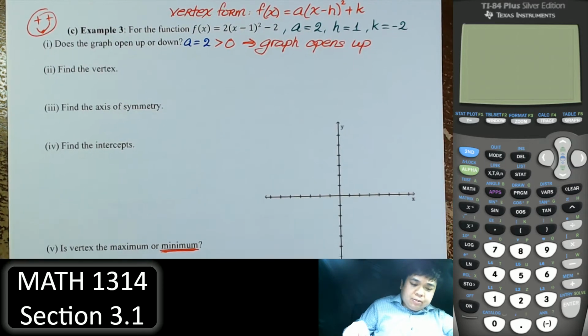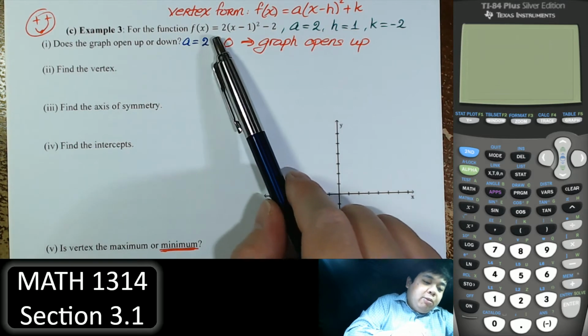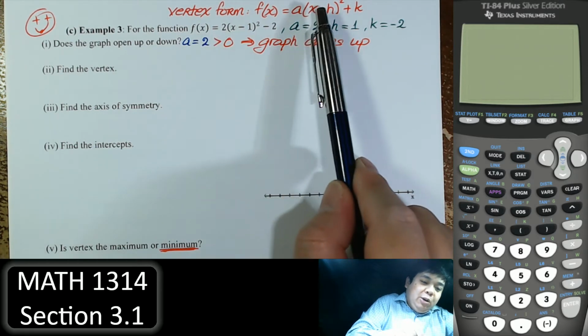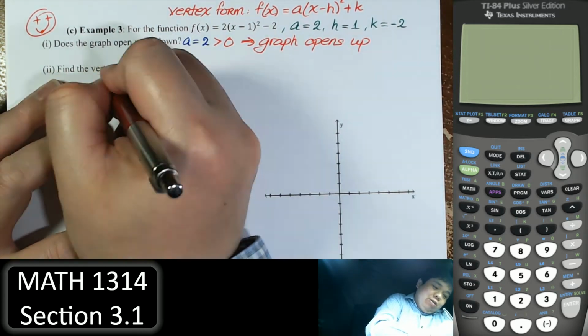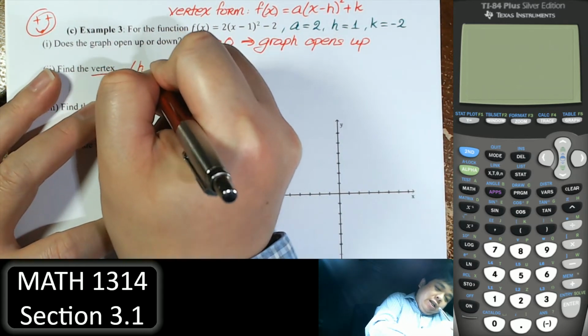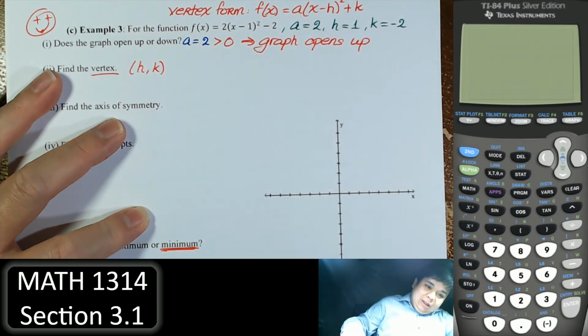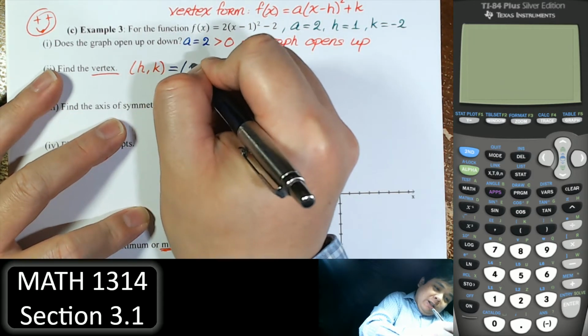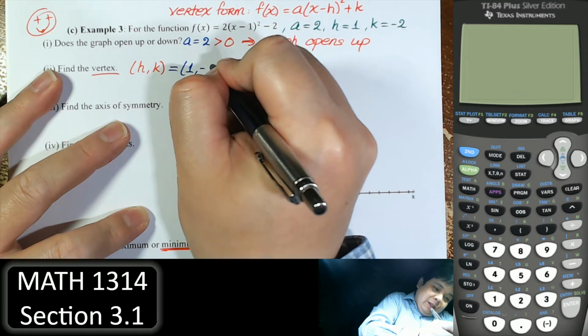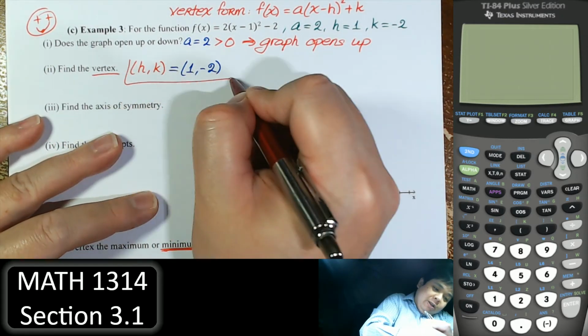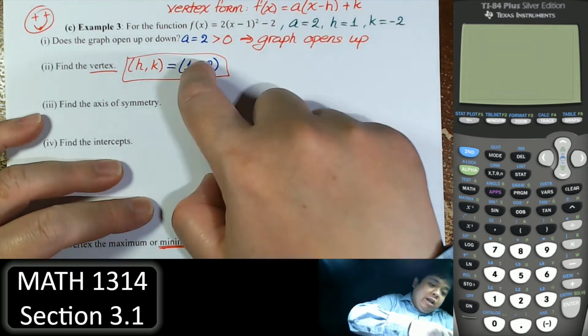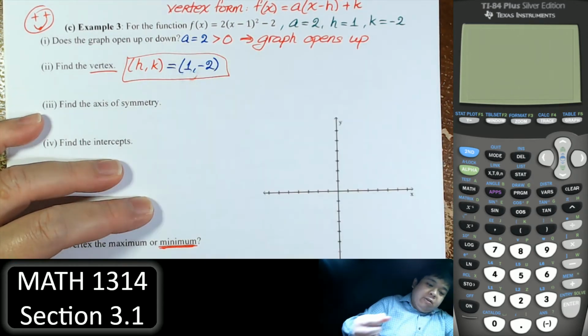Right. Now find the vertex. The reason this is called the vertex form is that we get the vertex directly from here, which is h and k. So the vertex is just h and k, which is 1 and -2. Axis of symmetry will be the x component of the vertex.